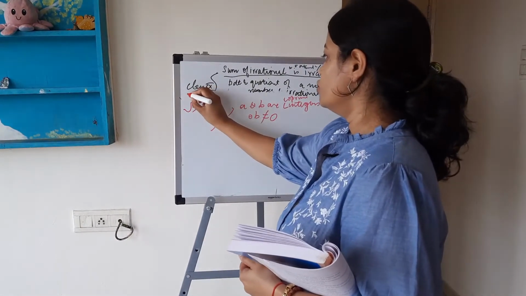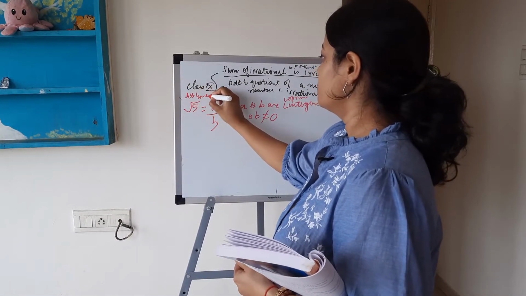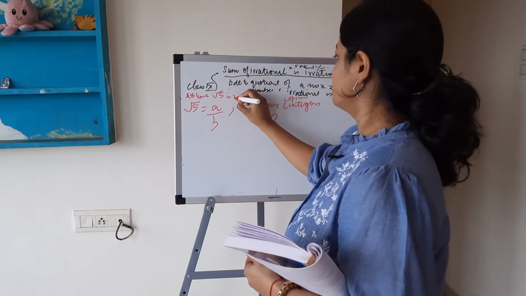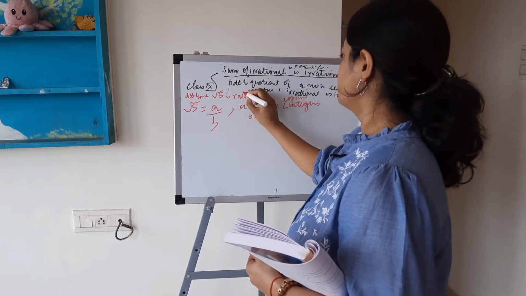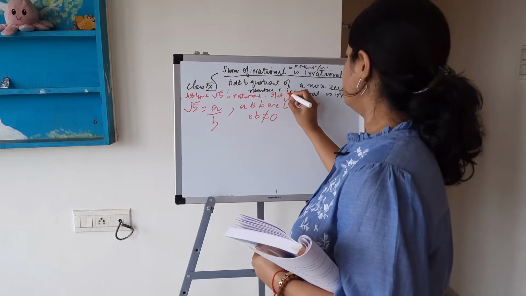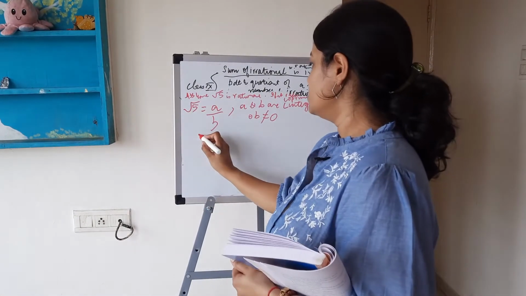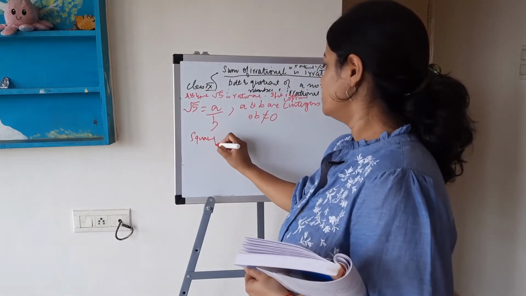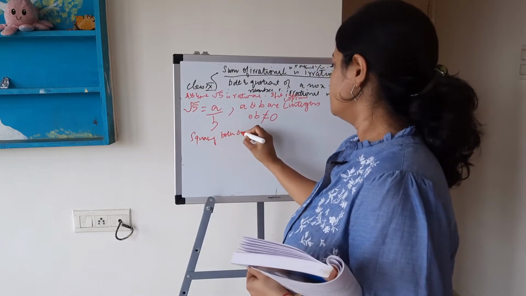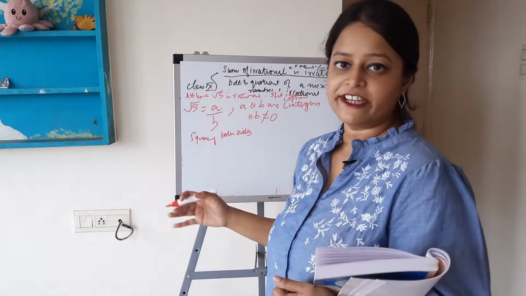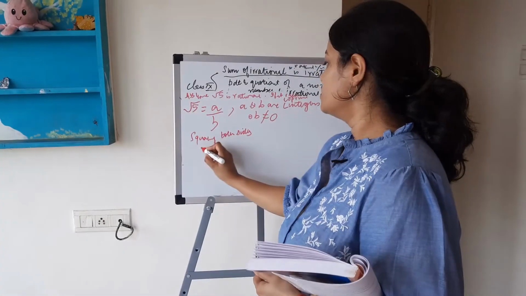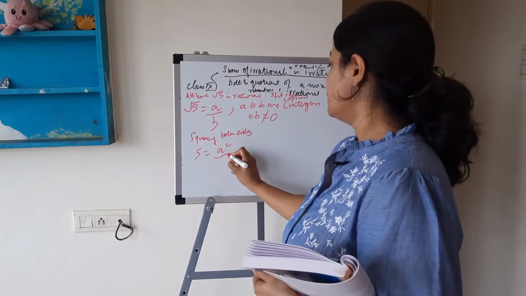So we first assume it is rational, and if it is rational, now what we are going to do is squaring both sides. I'm actually telling you how you should write in your answer sheet. Squaring both sides, 5 is equal to a square by b square.